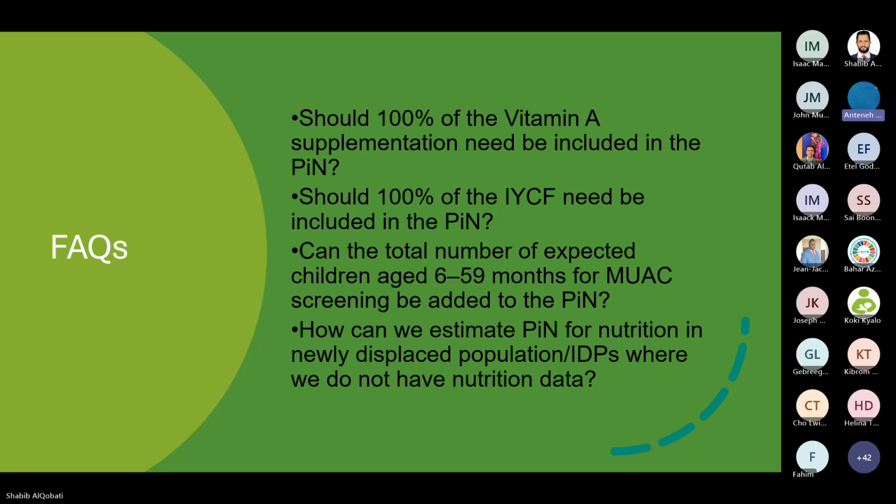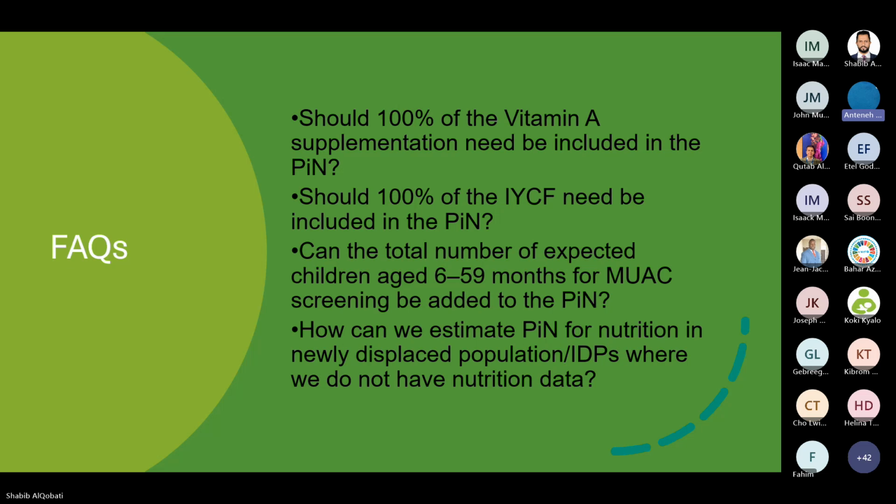Okay, the last one. If we have an IDP population and we do not have previous data or pre-crisis data on the nutrition level, or we do not have the most recent data on, let's say, the prevalence of GAM or any nutrition indicator, how can we estimate the PIN?